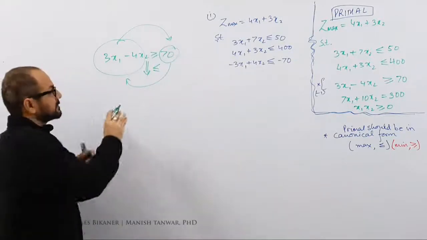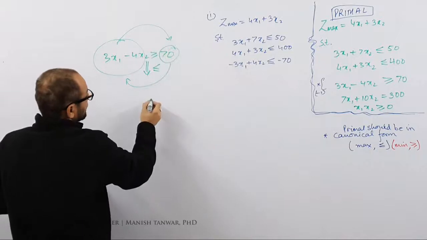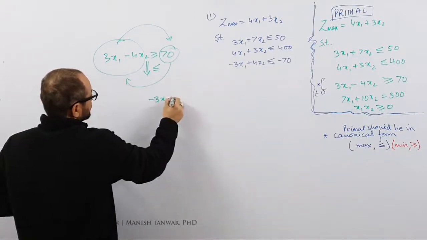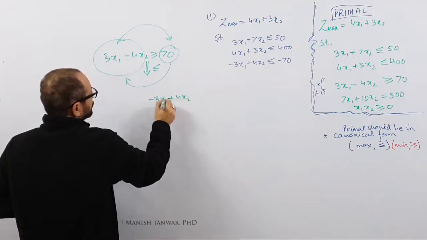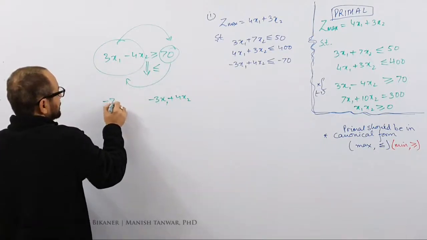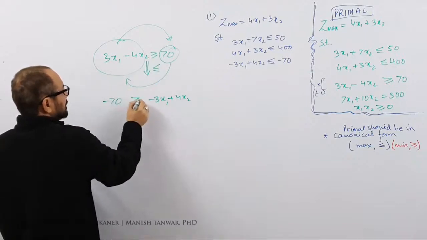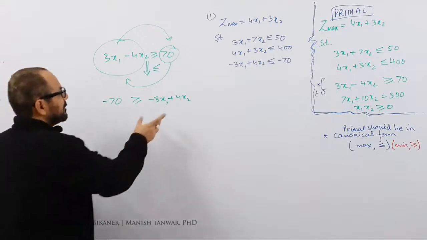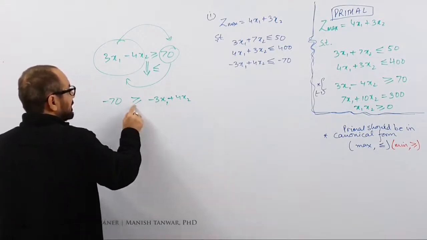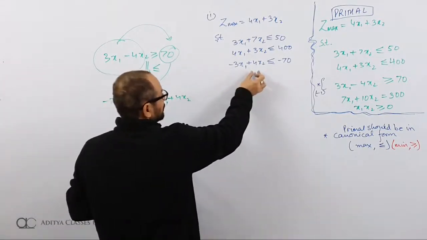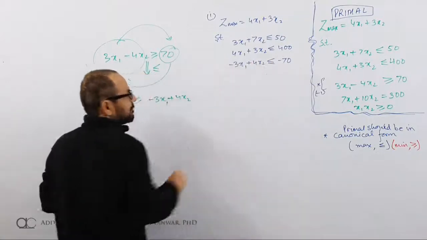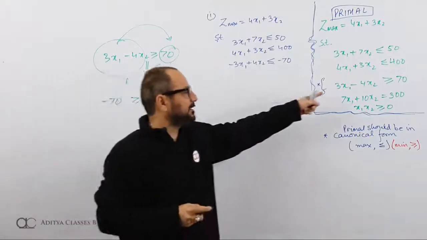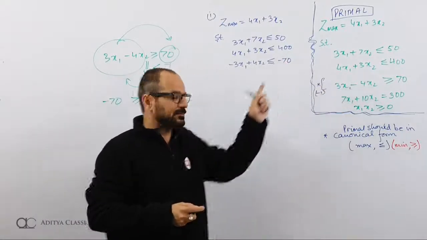When making this transformation, changing the direction, this goes over there and becomes minus 3x1, minus becomes plus 4x2, and 70 coming here becomes minus 70, and this sign is sitting over there. Nobody has changed this sign. But in this process, minus 3x1 plus 4x2 has become less than minus 70. So either you can shift them this way, or you could simply multiply the inequality by -1.